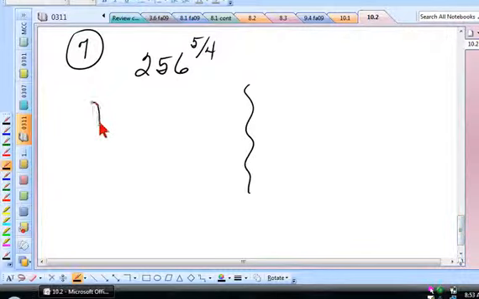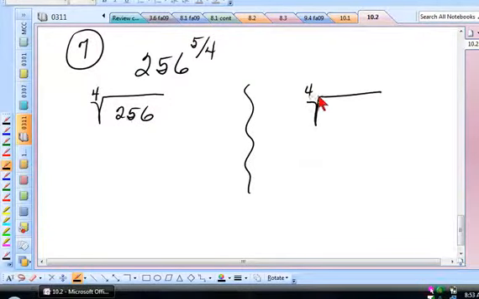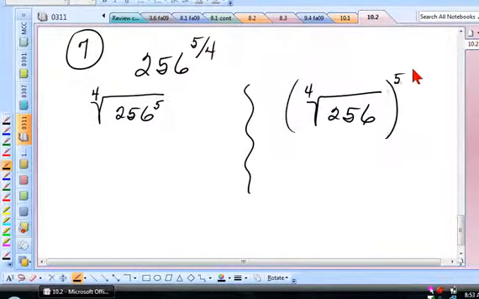All right, no matter which way I do it, I'm taking the 4th root of 256. One way is to raise it to the 5th power inside before I take the root, and the other way is to take the root and then raise it to the 5th power.